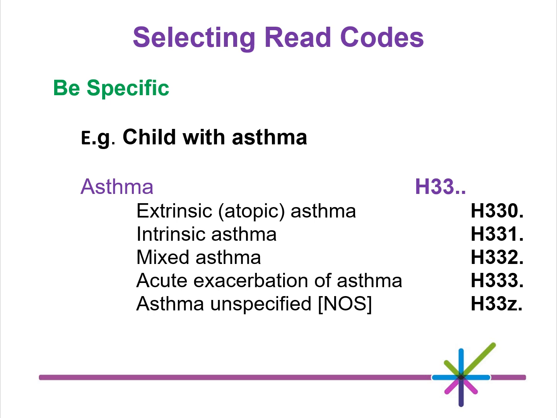Diseases can have many different coding options in READ. For example, if the only information is asthma, this may be coded to H33z, Asthma unspecified NOS. However, where the information provided details intrinsic asthma, the more specific H331, Intrinsic asthma code may be applied.